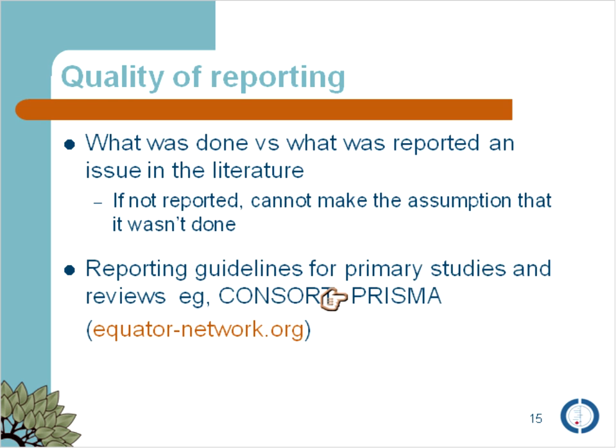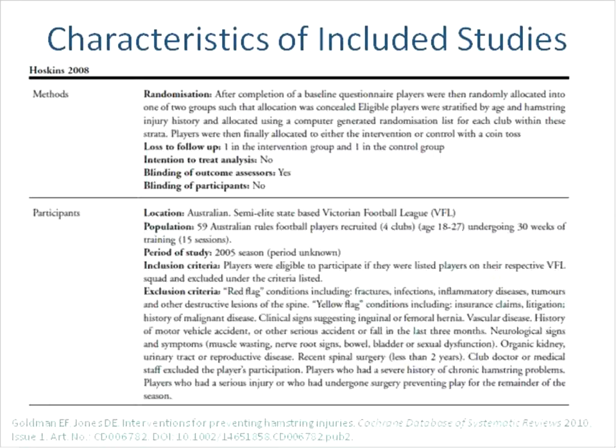PRISMA is that for systematic reviews and meta-analyses, but it doesn't end there. There's a whole list. So I encourage you to check out equator-network.org and make sure that in your research you're using those tools as well.